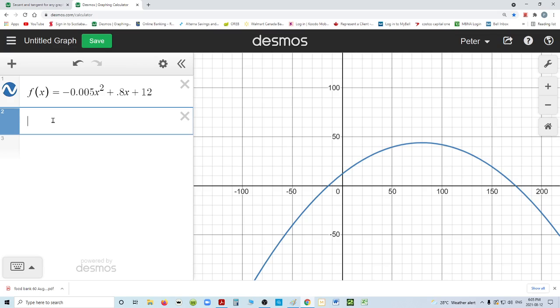Do I really want to do that? So I can say the rate of change, R, is going to be F of A minus F of B, divided by A minus B.